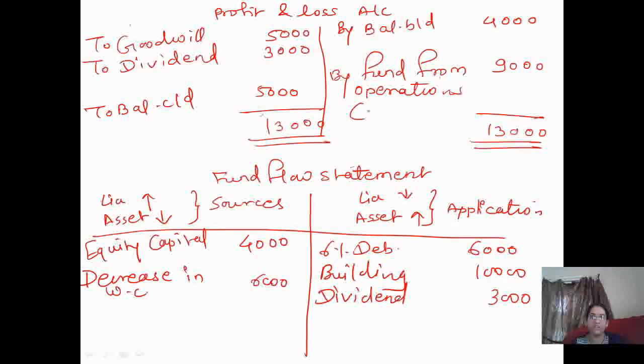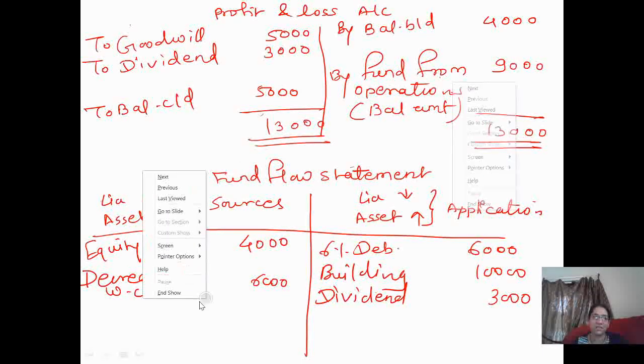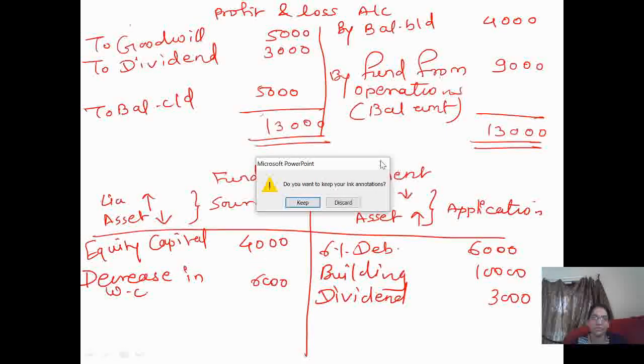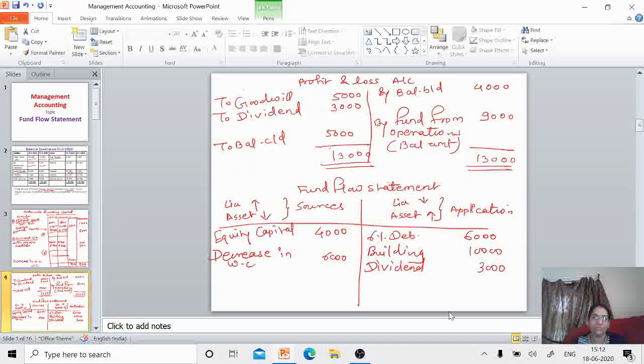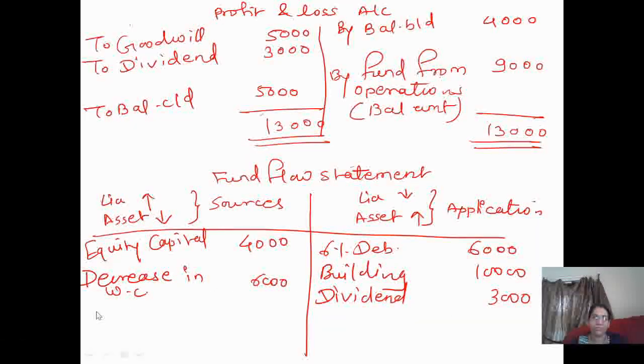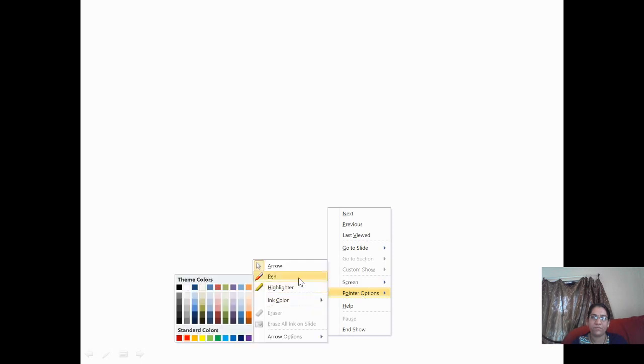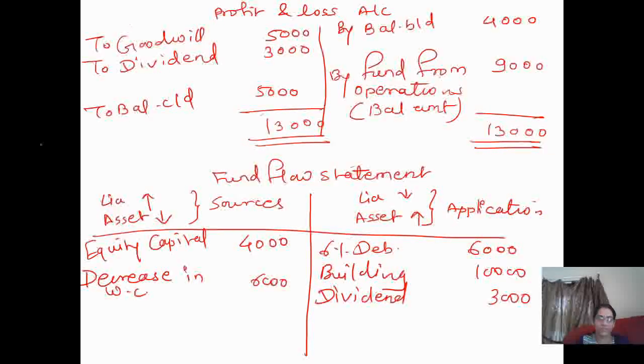But here, for our reference, it is our balance amount on the credit side, so we have to shift it to the debit side, which means the sources side.